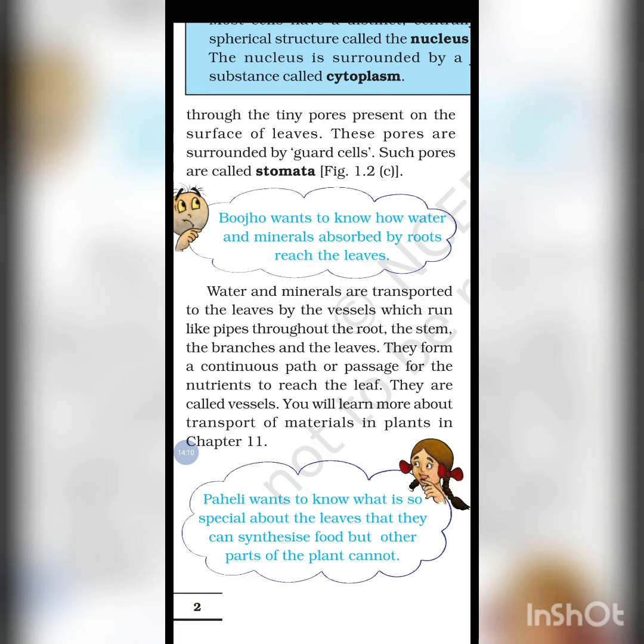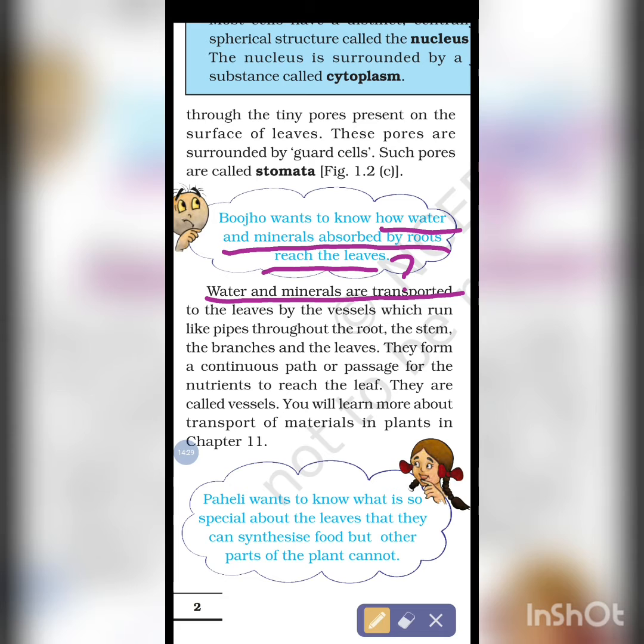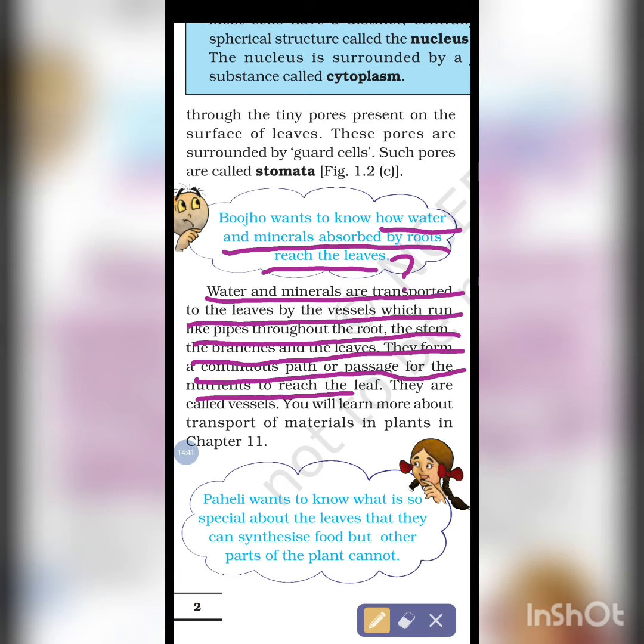This will be your extra question: how water and minerals absorbed by roots reach the leaves. Its answer is the same as above.